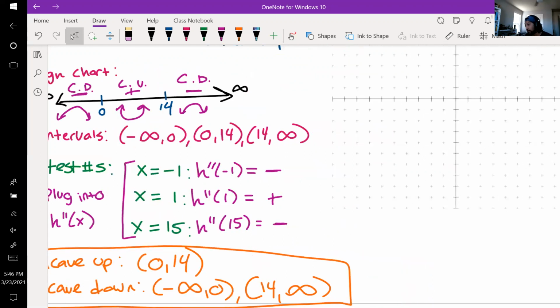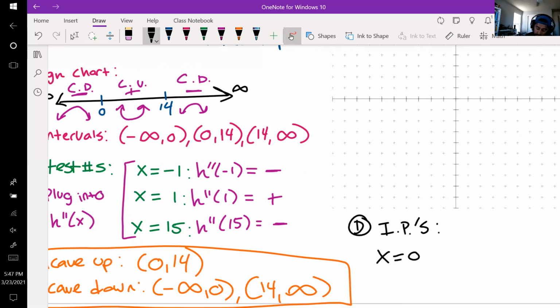By the theorems, by the definitions on the other page, in order to be an actual inflection point, the sign must change. So I'll call this step D, inflection points. IPs. And the first inflection point we'll look at is 0.